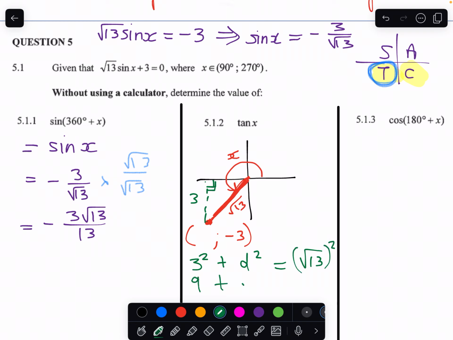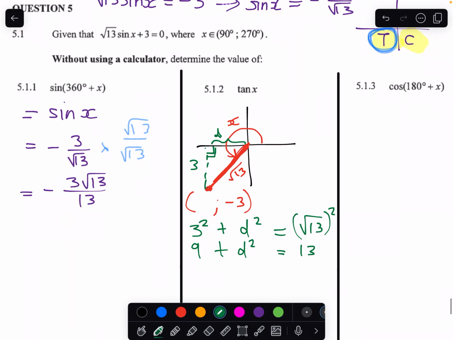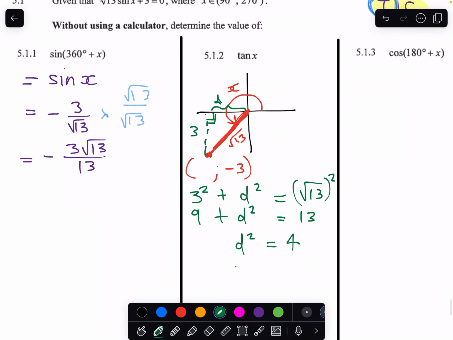So that is 9 plus, and this is what I'm calling d, that distance over there, so that will be equal to 13. So d squared is equal to 4. And therefore, since we're talking about a distance here, d will be positive 2.